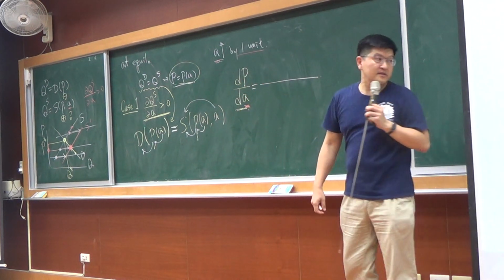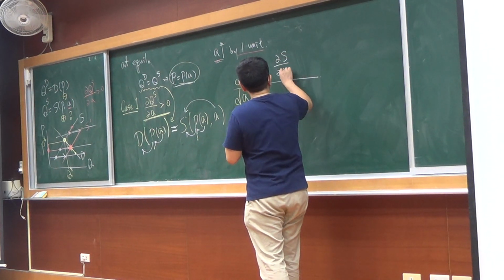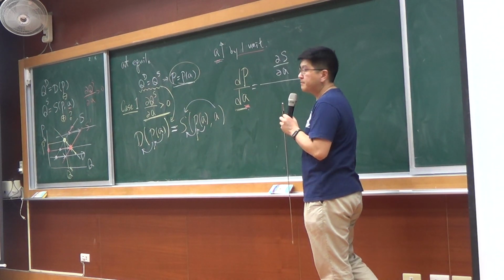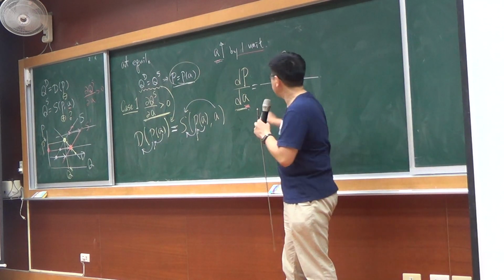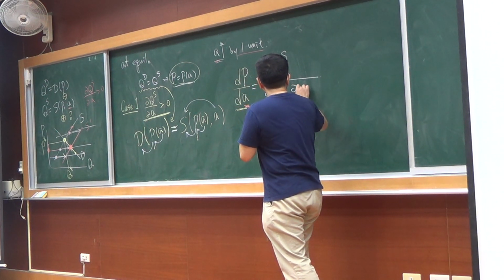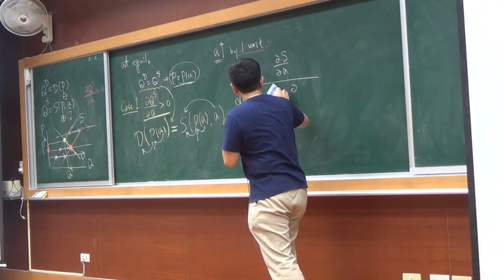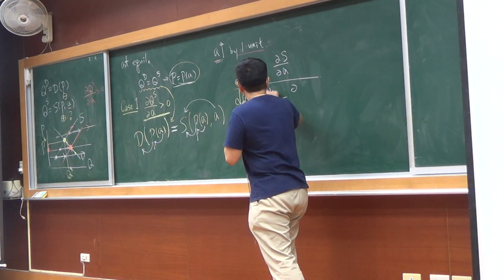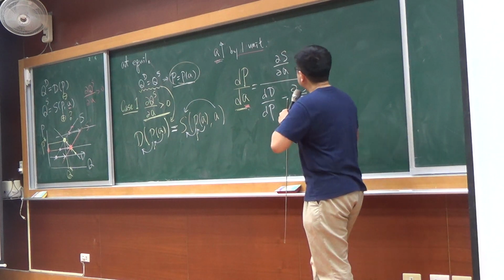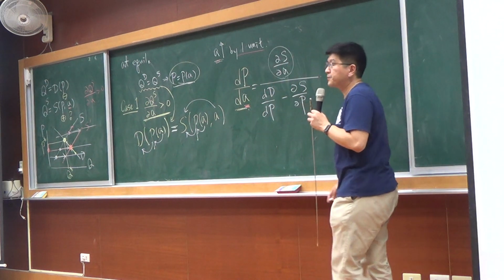And on the right-hand side we have partial S, partial A on the top, and partial D, partial P, dP, and partial S, partial P. Now, what is this?